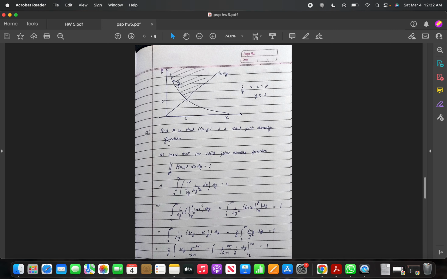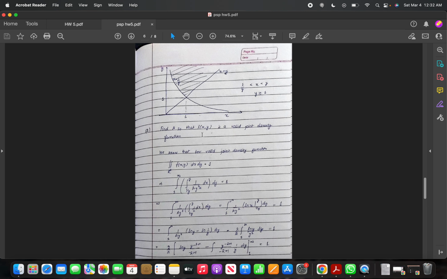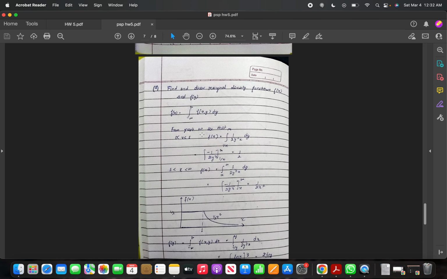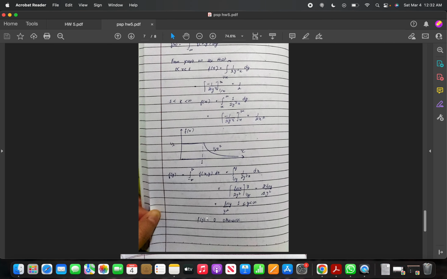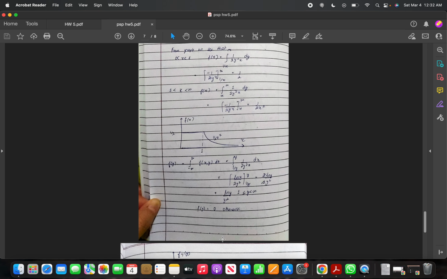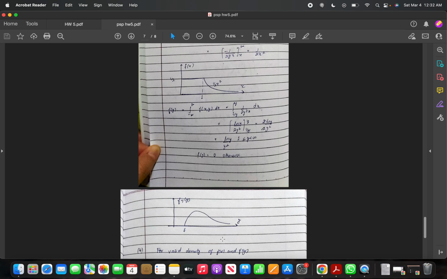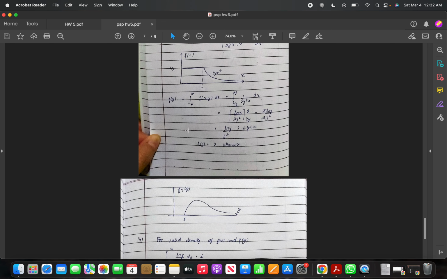This is because when y is from 1 to infinity, we see that x ranges from 1 by y to y, and for other cases f of y will be 0. When we plot this, we can see that the curve will look somewhat like this.